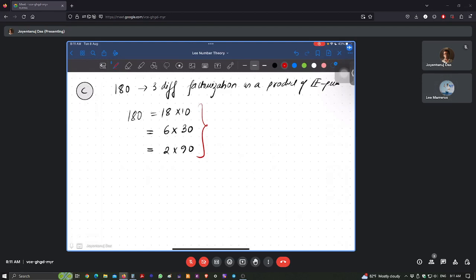But what they're asking is to find the smallest number that has 2 different factorizations as a product of E primes.